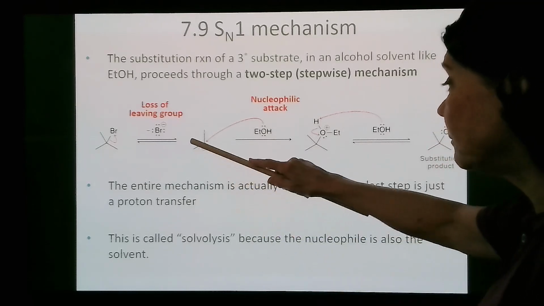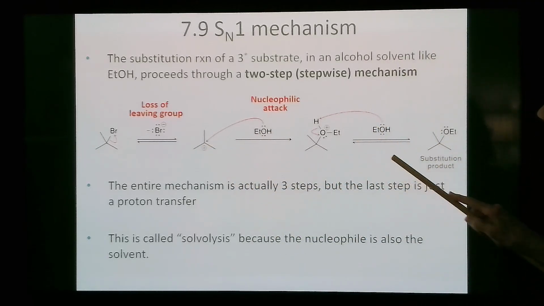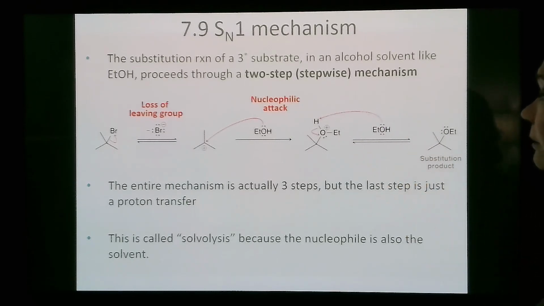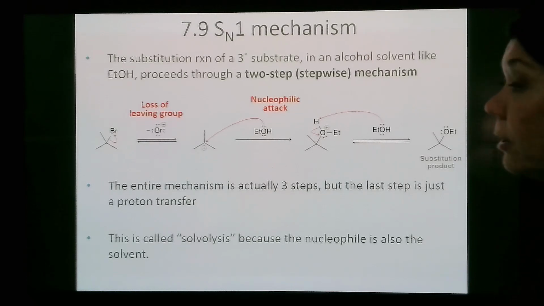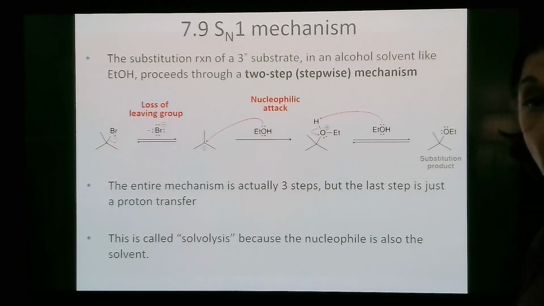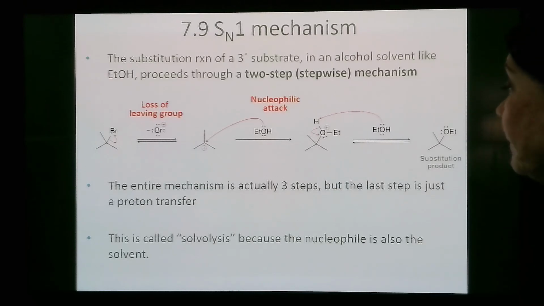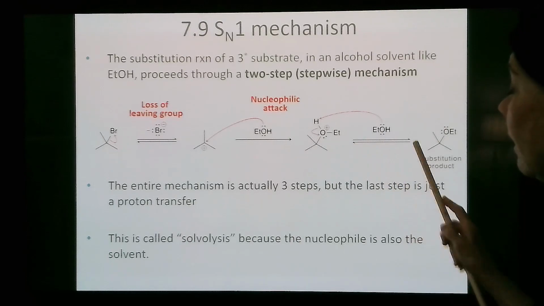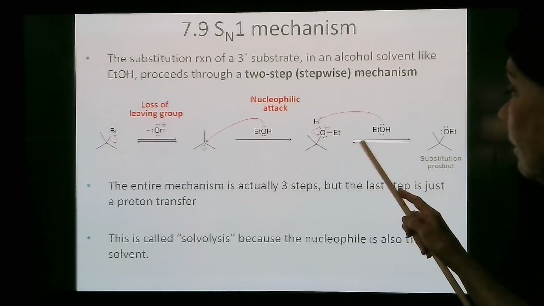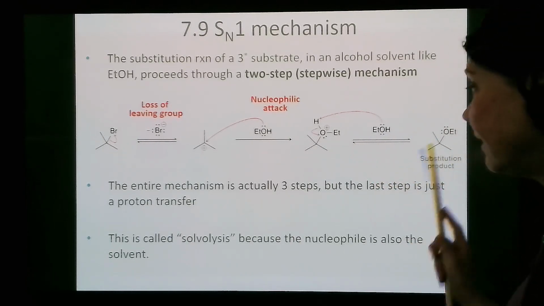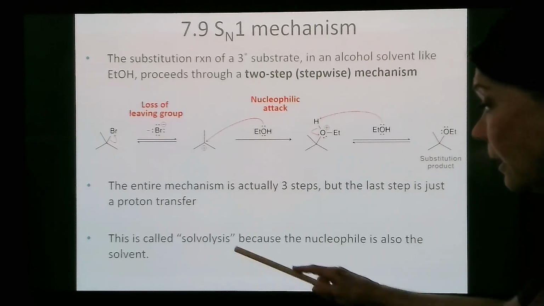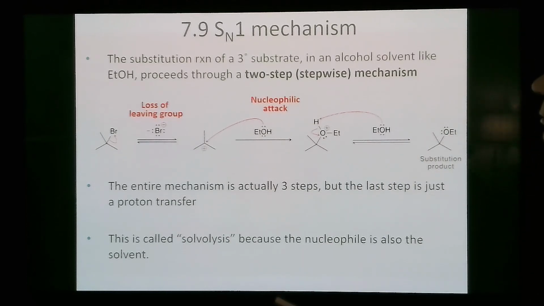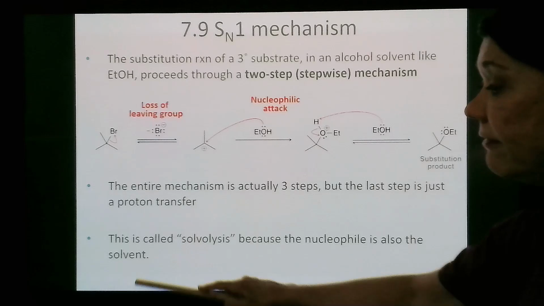The entire mechanism is actually three steps, but usually the last step is not counted, or drawn on the reaction coordinate diagram, because it's just a deprotonation step, very low energy back and forth. It occurs very rapidly at room temperature, and it's called solvolysis because the nucleophile is the solvent.